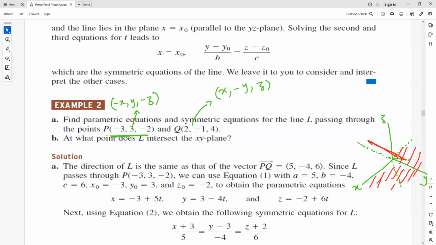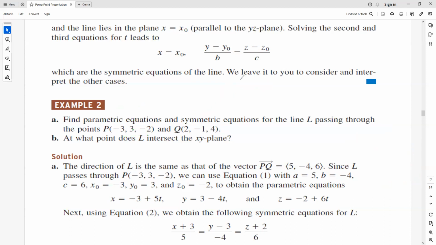So going inwards, this line will cut the XY plane and then touch the point that is below the XY plane. And now we need to find the point of intersection.